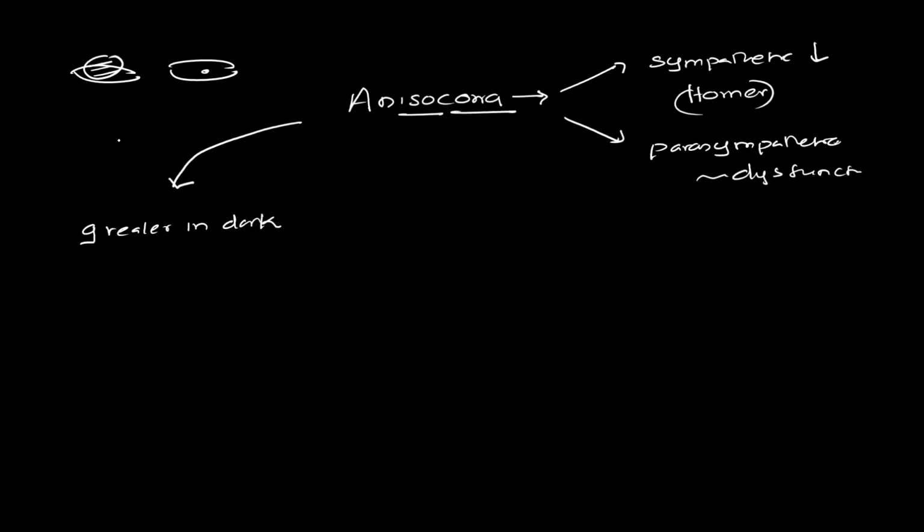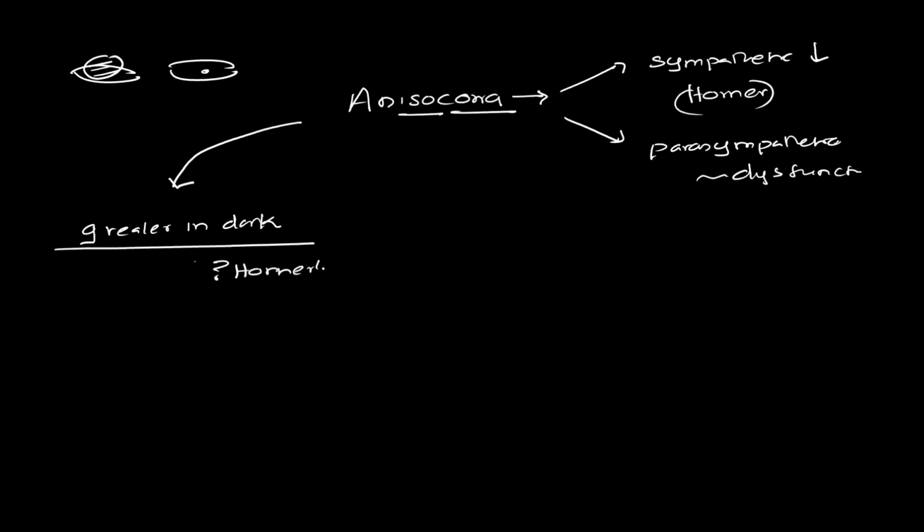Why do I say so? In the dark, usually there's dilation. Both of these pupils have to dilate, but one of them is not dilating enough. That's the usual problem. The inability to dilate is probably due to malfunctioning of the sympathetic system. Hence, now I have confirmed that this is a problem within the sympathetic system. So it could be Horner's.